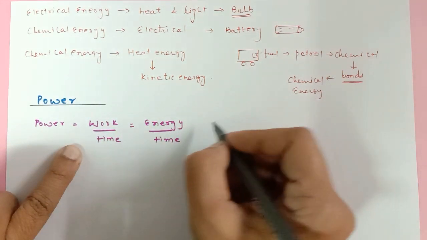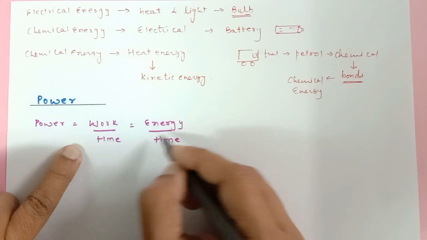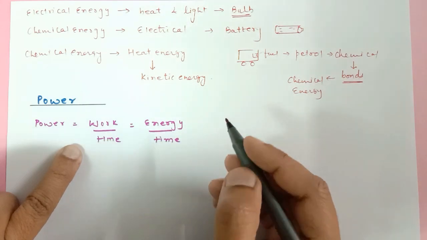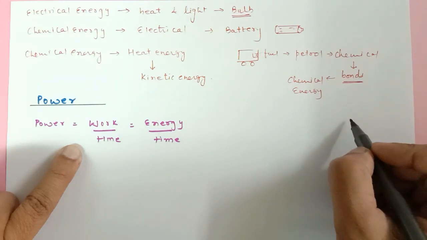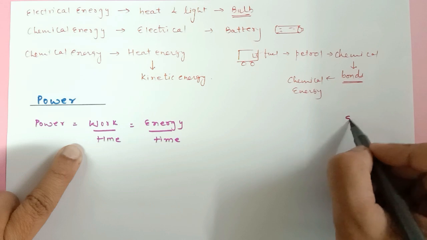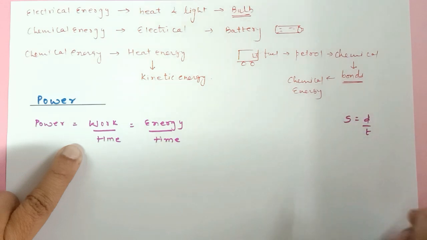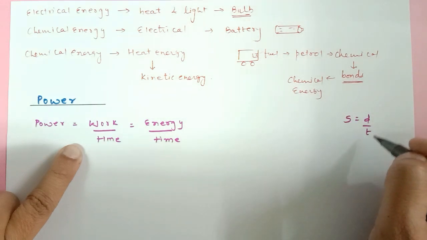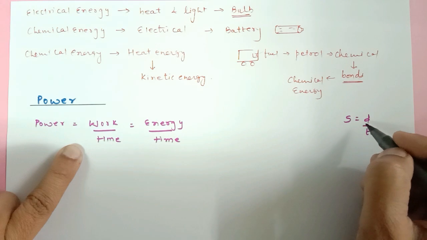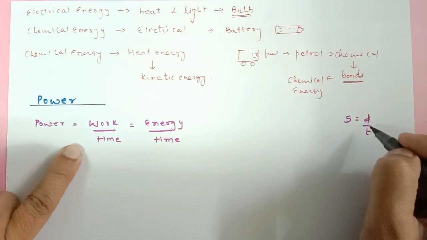If you want to make a definition, if you see time at the bottom in the denominator, you can always say rate. Suppose we know that speed is equal to distance upon time. Then I can also say that the rate of change of distance is called speed, because whenever you have any quantity like time in the denominator, the rate will come.